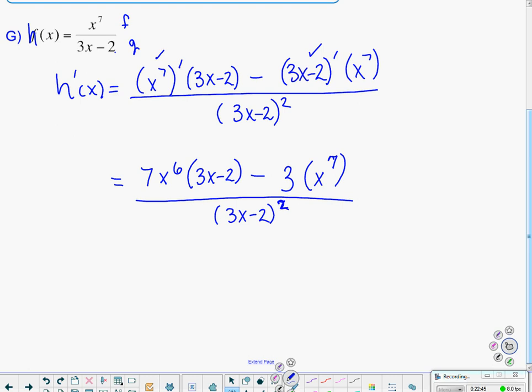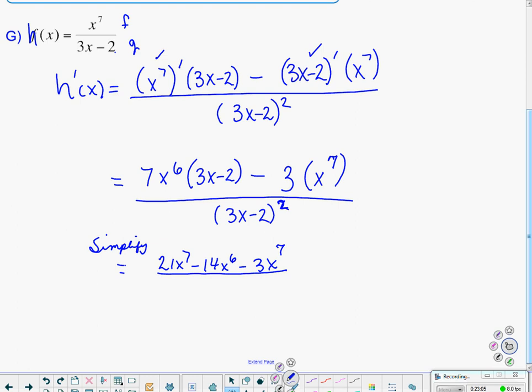We are not going to FOIL out the bottom, but we will simplify the top. So let's go through and simplify. To do that, we'll have to do some distributing. So 21x to the 7th minus 14x to the 6th minus 21x, oh, what's with the 21? Minus 3x to the 7th.